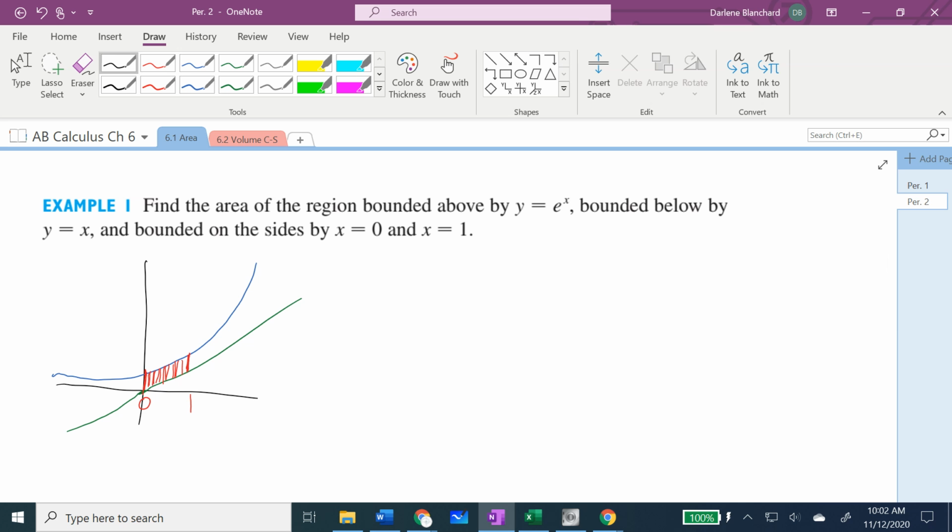So you're going to set up an integral that will find that area. And you have the length of your rectangle, and you also have a teeny tiny width, which is dx.